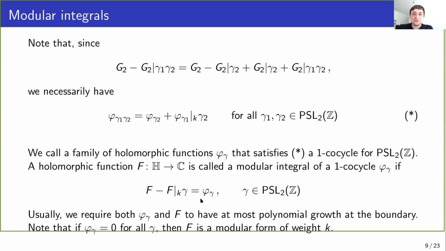If this cocycle is trivial, so if all these functions are 0, then we're talking again about modular forms. So modular forms are a special case, and in a sense, it's the homogeneous space corresponding to it. So whenever you try to solve this equation, you can always add a modular form and it doesn't change anything. So the solutions are already well-defined spaces of modular forms.